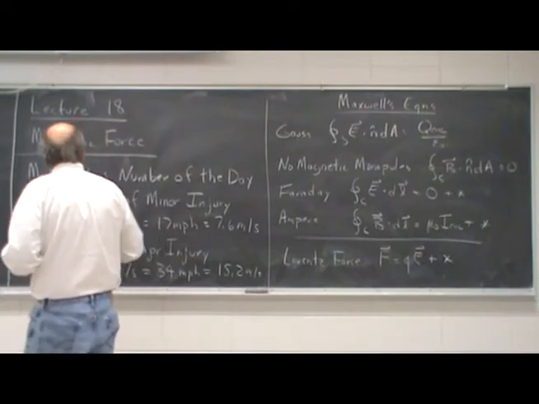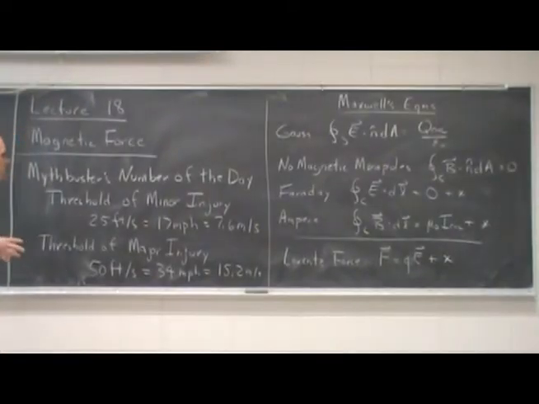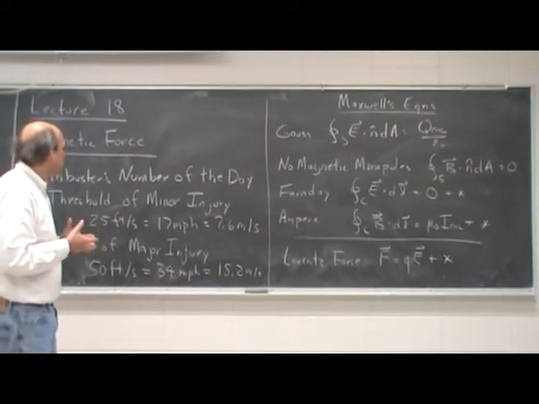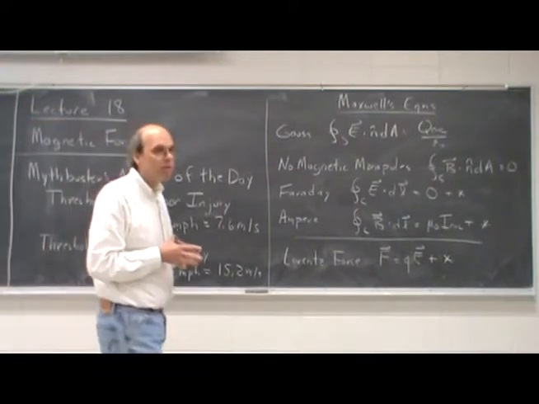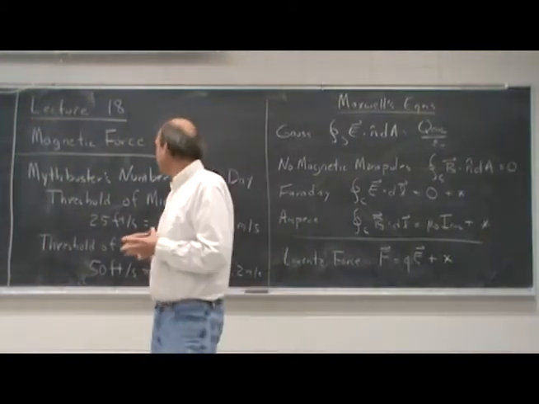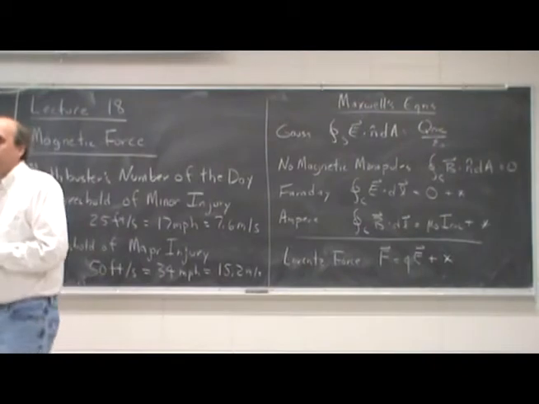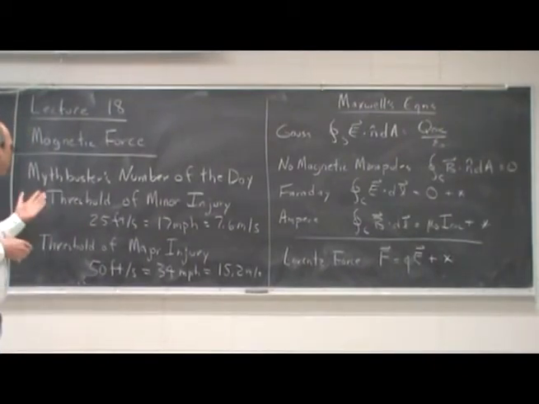I didn't have this number, but Mythbusters turned up with it. For a minor injury, a break or something, 25 feet per second or 17 miles per hour, or 7.6 meters per second. And for major injury, up to and including death, 50 feet per second, 34 miles per hour, 15.2 meters per second.